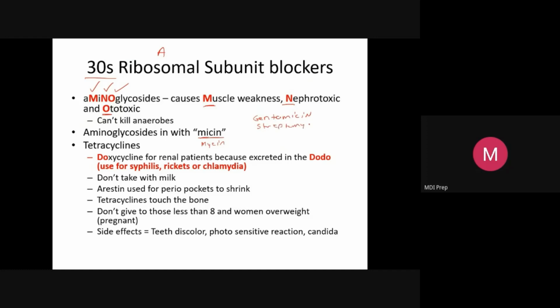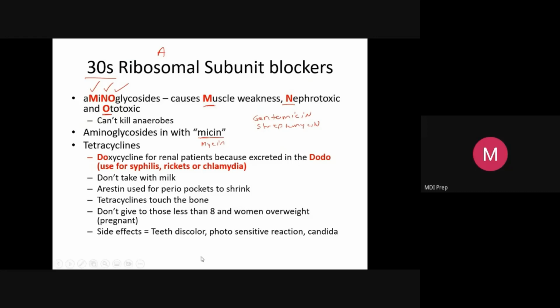Typically, if you see mycin, it's an aminoglycoside. You got it? Yes. However, there are 3 mycins that are not aminoglycosides. They are called macrolides.